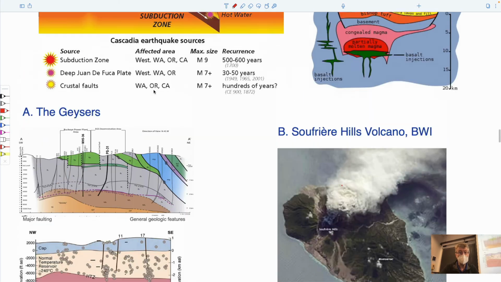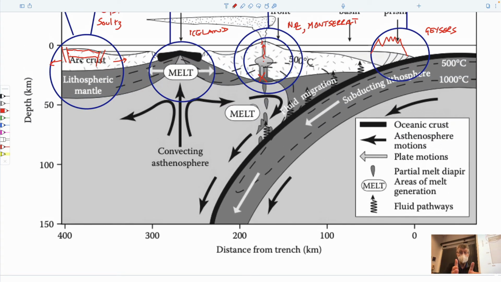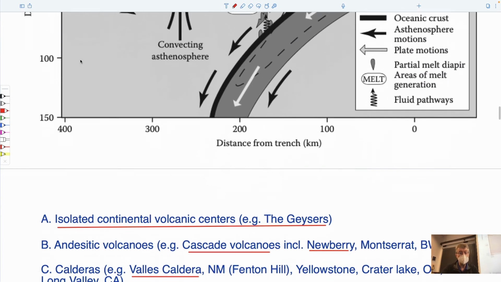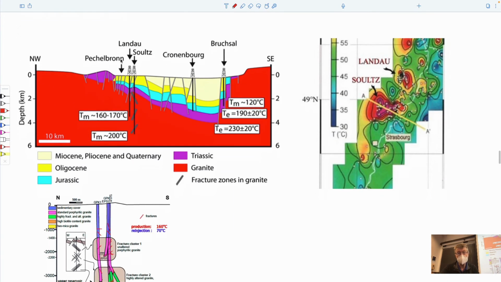If you look at places where you have sedimentary cover and parts of the crust being pulled apart, one such place is on the border between Germany and France, the Rhine River Valley. This would be Germany on this side, France on this side, pulled apart.